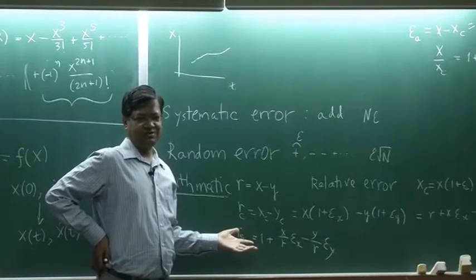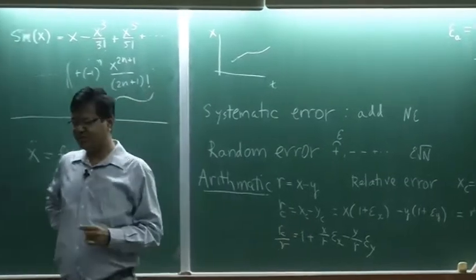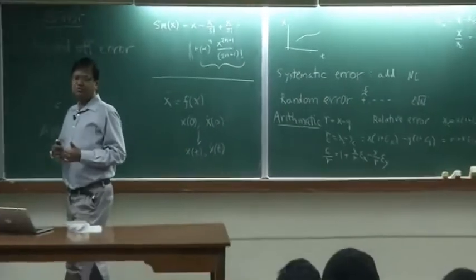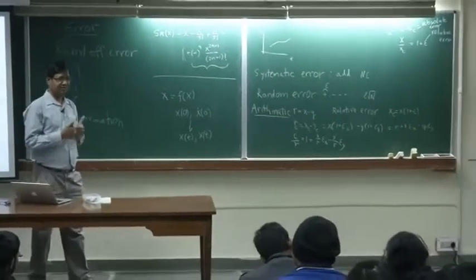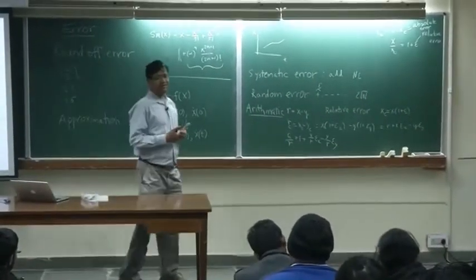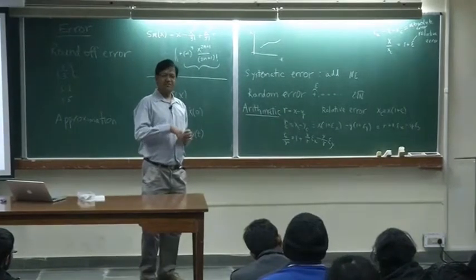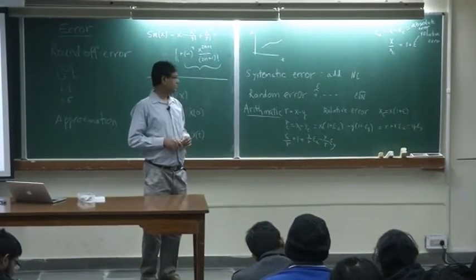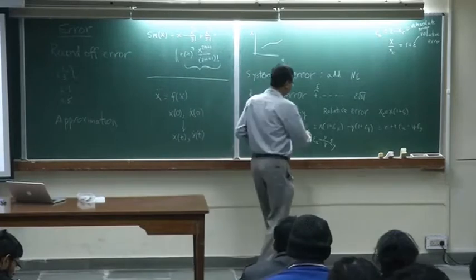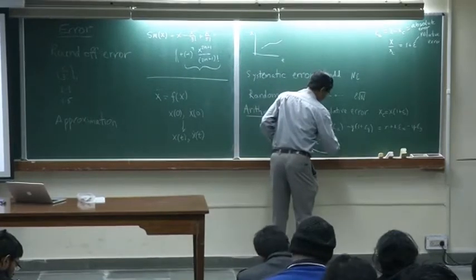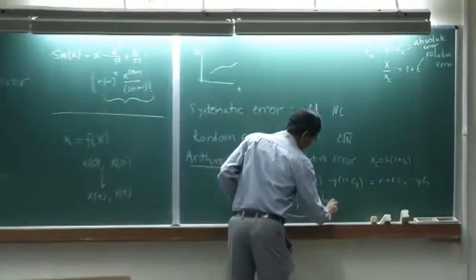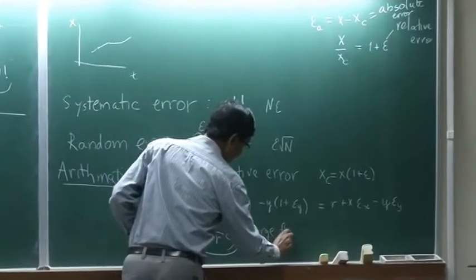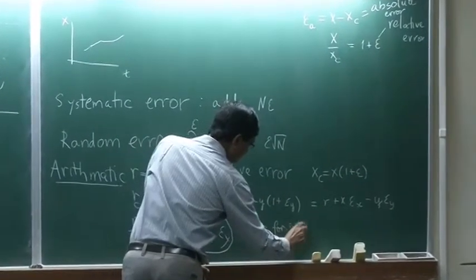So, I am going to show you an example where I subtract two numbers which are of somewhat the same order, and the relative error is large, and your answer could be very wrong. So, this quantity is large for small r.